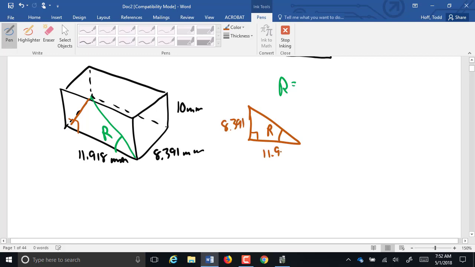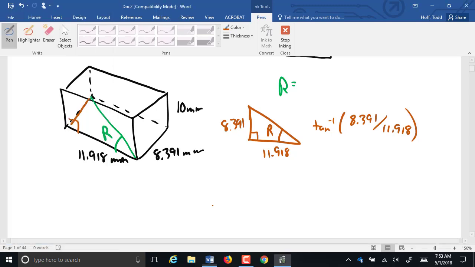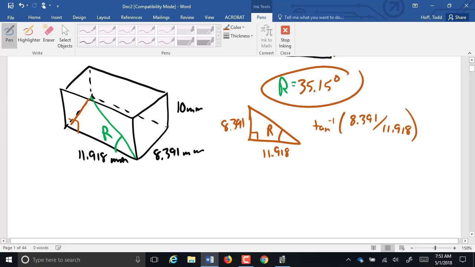This is 8.391, 11.918. Inverse tangent of 8.391 over 11.918. I think your first number was the right one. 35.15, yep. So you didn't need to do the complement.